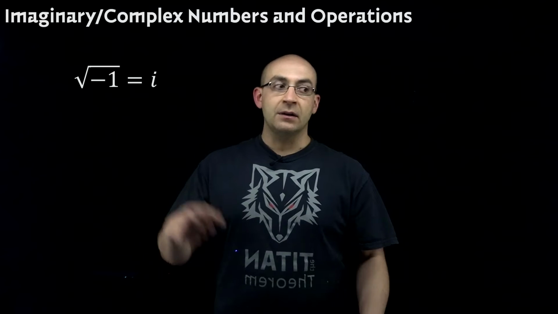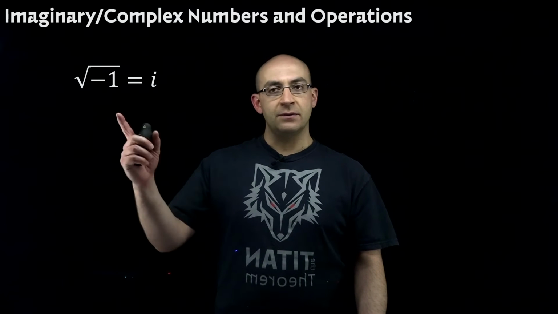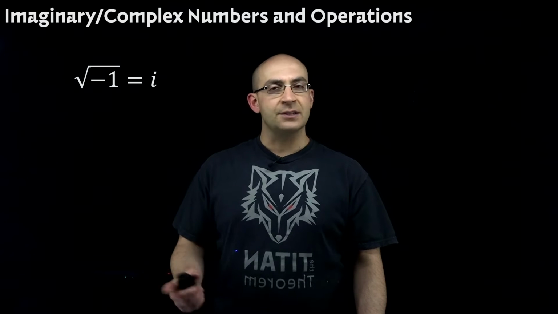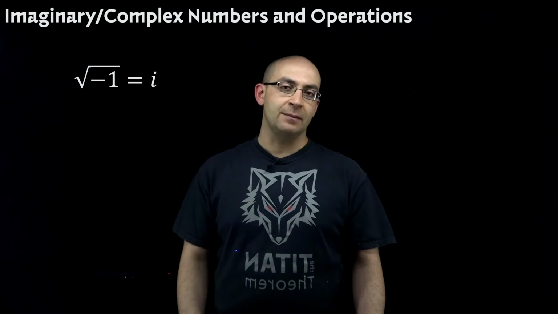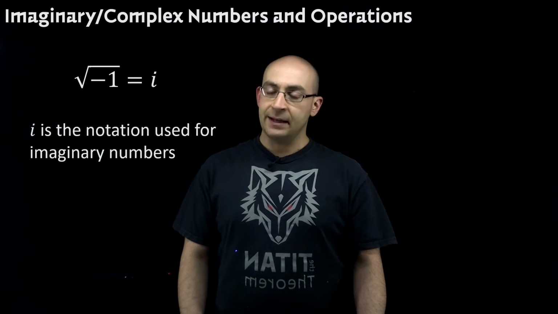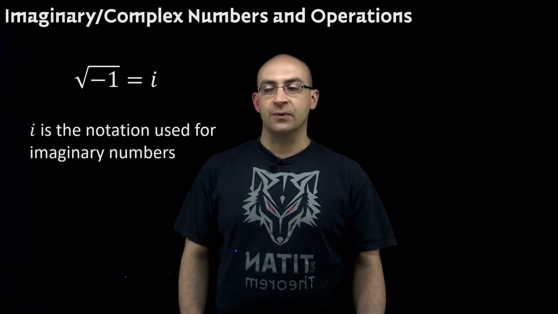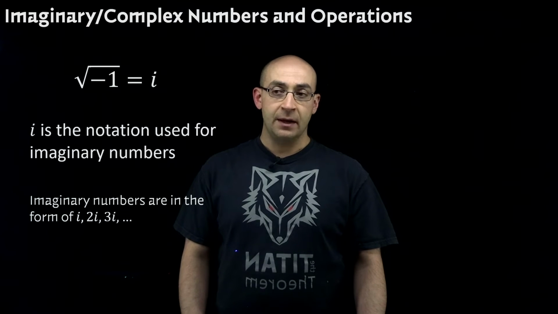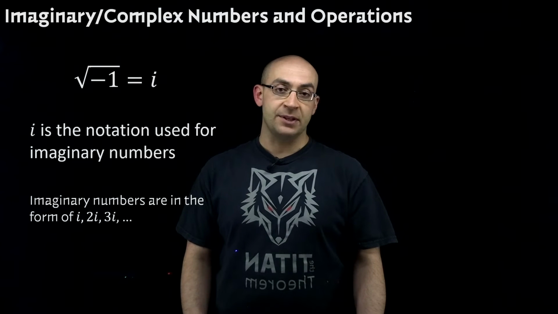Now, clearly, on our last problem, for example, that wouldn't have been a negative 1 under the radical sign. It would have been a negative 4. Doesn't really change anything except that it would become a positive or negative 2i. Now, i is, again, the notation we use for imaginary numbers. Imaginary numbers exist just like the real number system does.